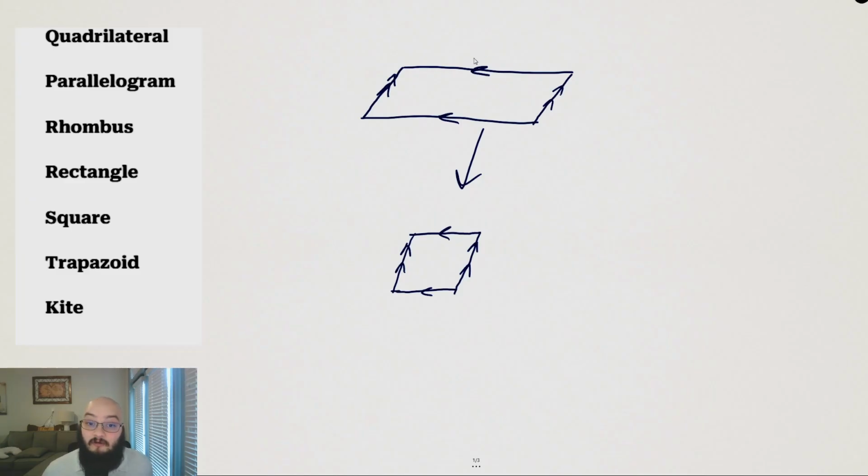So if it is a parallelogram and all four sides are the same length, then it is a rhombus. Another thing to note is that this means all rhombuses are parallelograms, but not all parallelograms are rhombuses.